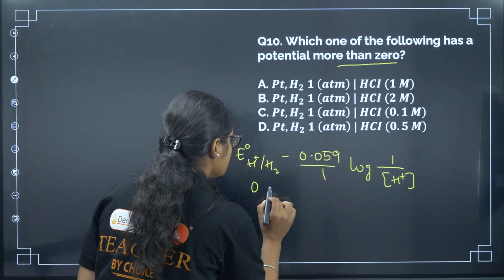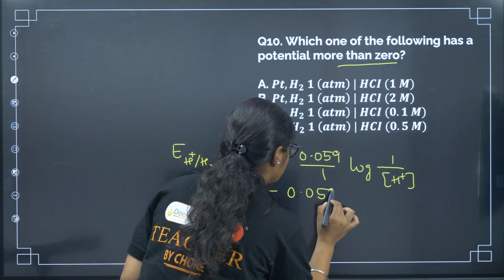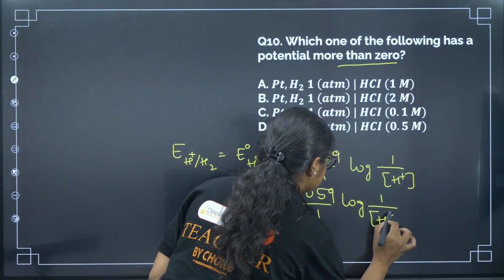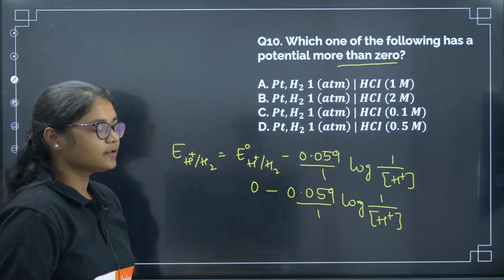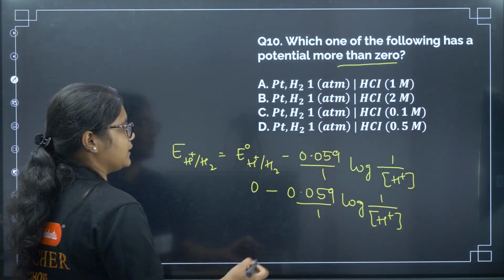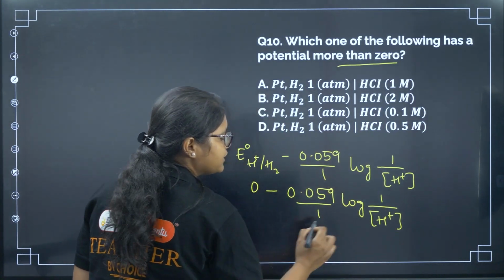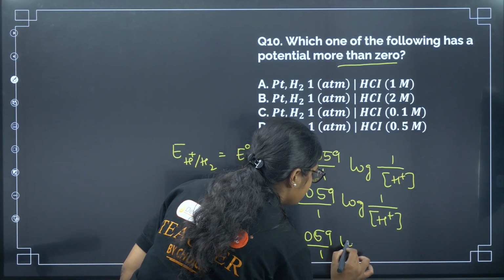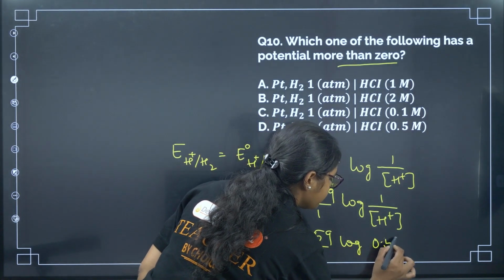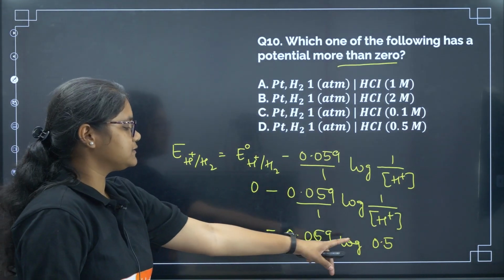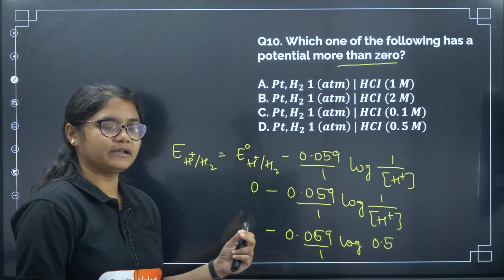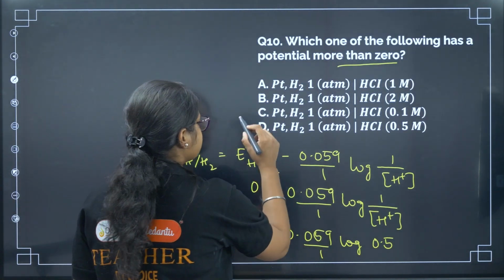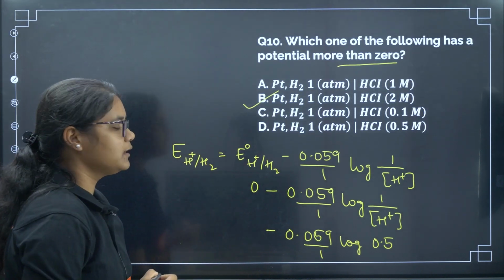This is already 0, so minus 0.059 by 1 log of 1 by H+ concentration, right? But now if you see here, if I substitute here 2, so minus 0.059 by 1 log of 0.5, right? So now if you solve this, this value will be negative. So negative will give a positive value. Positive value will be more than 0. So the correct answer for this question will be option number B.